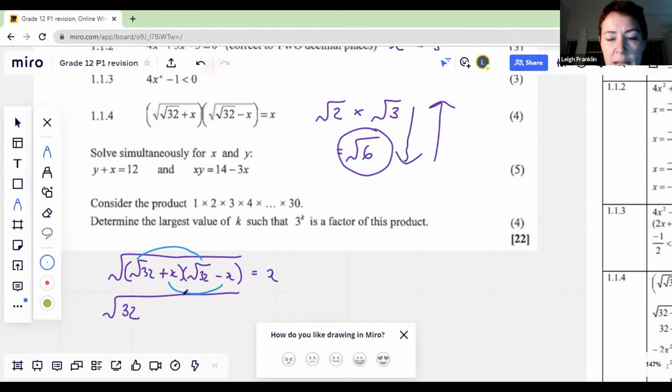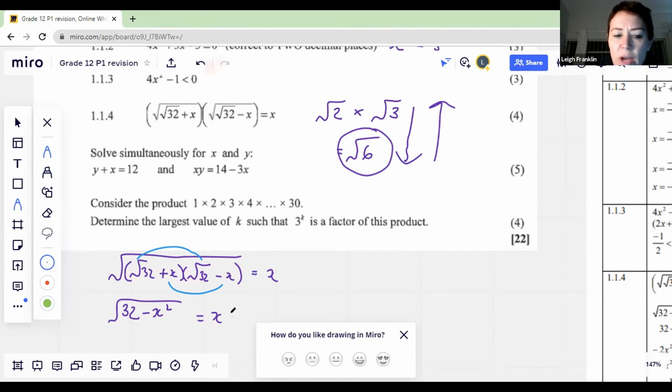And positive x times negative x is? Negative x squared. Indeed. Okay, now I've made this a little bit long, so let me take it away. This is equal to x. So I would do that first, and now I would go about squaring both sides.